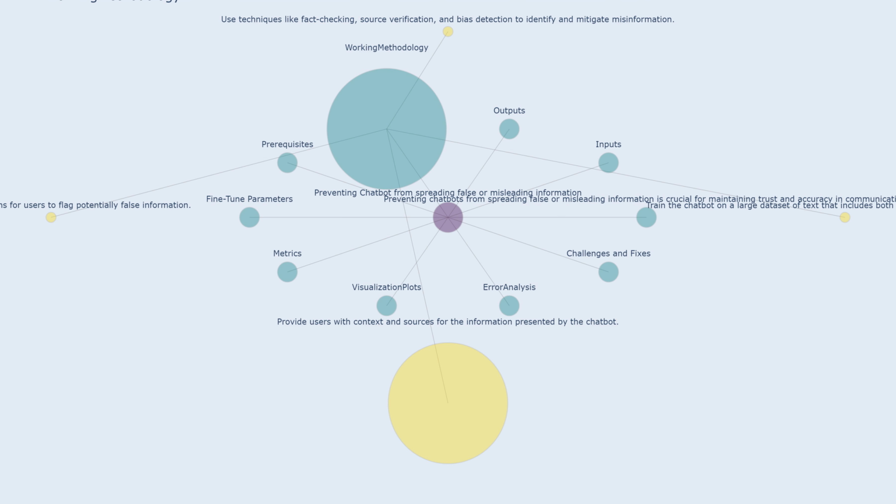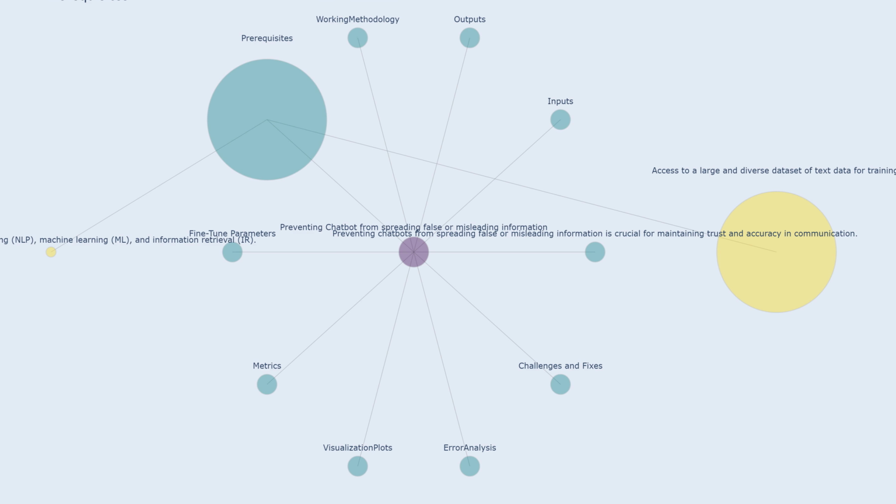Prerequisites. Access to a large and diverse dataset of text data is crucial for training a chatbot capable of identifying and mitigating misinformation. This dataset should encompass a wide range of topics and perspectives, ensuring comprehensive learning.